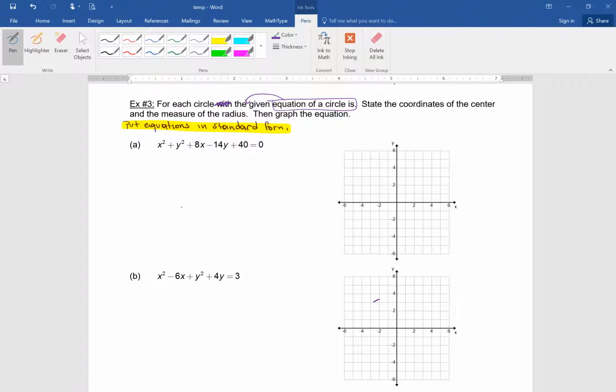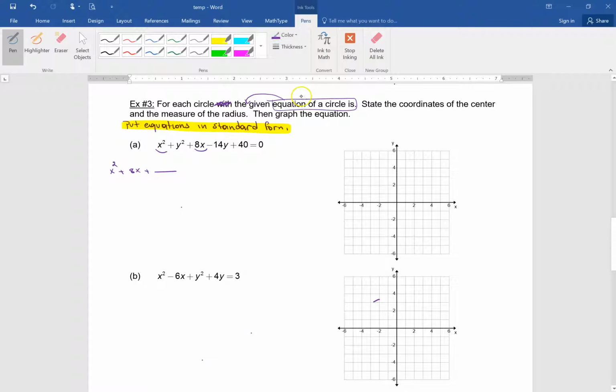So what you do first is this. You want to group the x's together and the y's together. So here you get x squared plus 8x, and you have to say plus a number, so that's the x's.